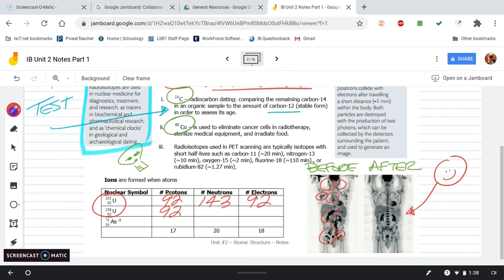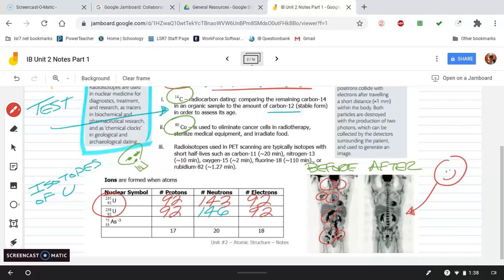So these would be isotopes of uranium. And the difference here is, instead of the 238, this one's a little bit heavier, 146. But still 92 electrons because it doesn't have a charge.